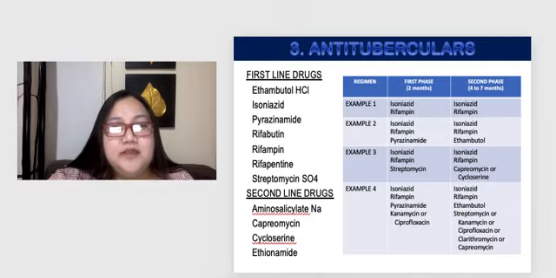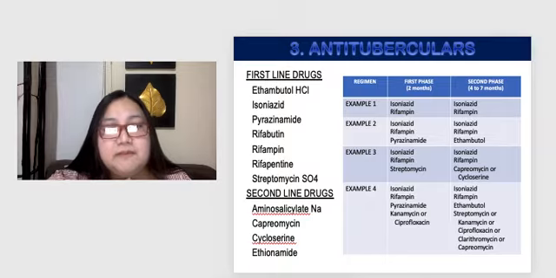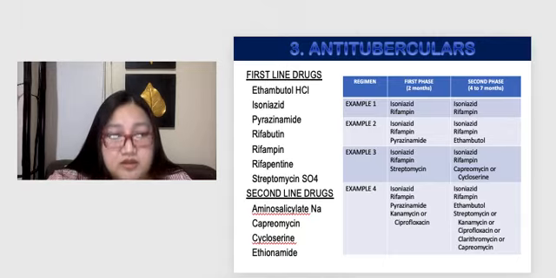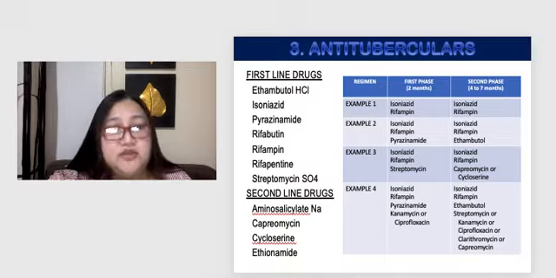Now, again, marami kayong discussions about TB sa inyong higher courses, but for now, these TB drugs are actually given in combination. Ang nakikita nyo dito are the first line and the second line drugs.